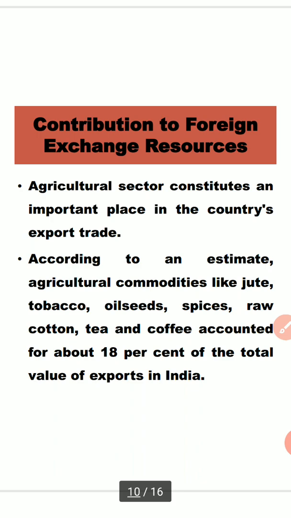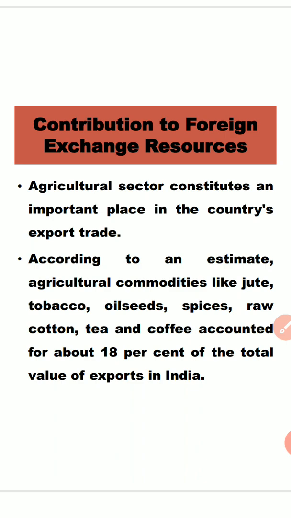Next is contribution to foreign exchange resources. Agriculture, by exporting, helps in earning foreign exchange resources which are needed for importing very essential commodities from other countries, because no country can be 100% self-reliant. They need to import. For example, in India, we don't have petroleum products.